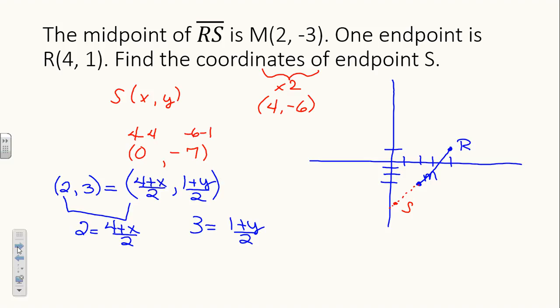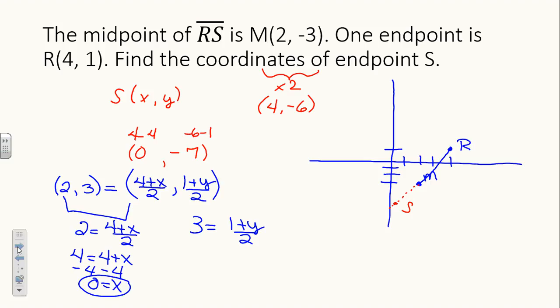Multiply. So we multiply to get double our midpoint, didn't we? How do we get rid of our 4 plus x? Opposite of adding is subtracting, right? Take away 4. There's our x value of our endpoint.